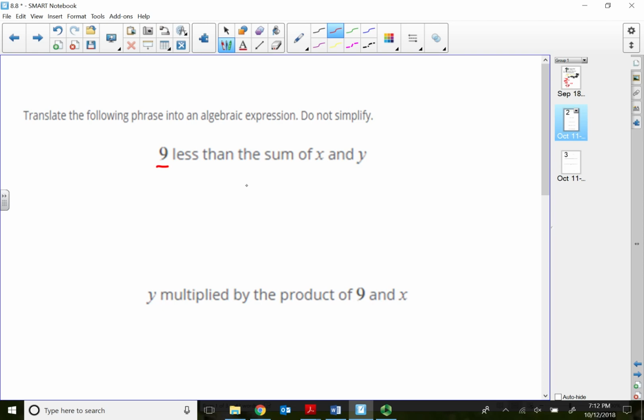So when I see 9, I write 9. When I see the word less than, okay, remember just a minute ago, less than means subtraction sign. We got to translate it backwards. That means put it in front of what I just wrote. 9 is less than who? 9 is short from who? It's short from the sum. So when you see the word sum, you're supposed to write an addition sign. But where do you write it?